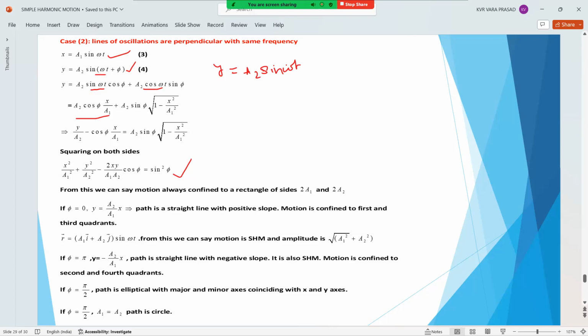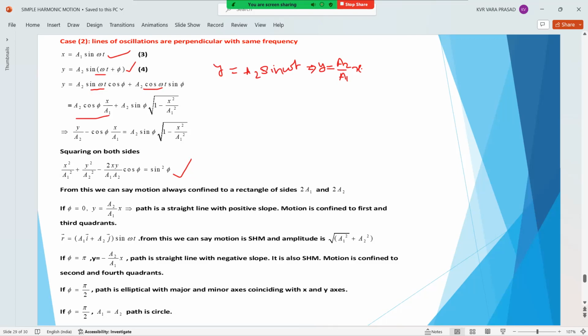So in the place of sine omega t, I am writing here. From this, y equal to a2 by a1 into x. That means we can see y is proportional to x and passing through origin.